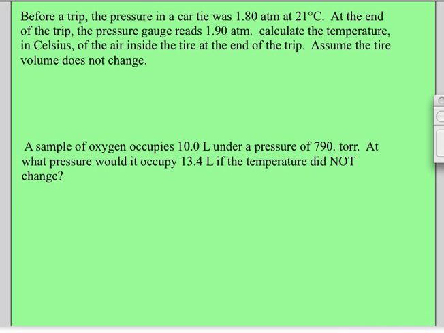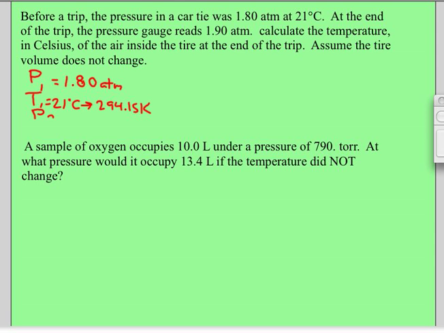All right, next one. Before a trip, the pressure in a car tire was 1.8. At the end, the pressure gauge is 1.9. We want to know what's the new temperature. So again, we're going to say what do we have? Our P1 is 1.8 atmospheres, and they're telling us our T1 is 21 degrees Celsius, or 294.15 Kelvin.